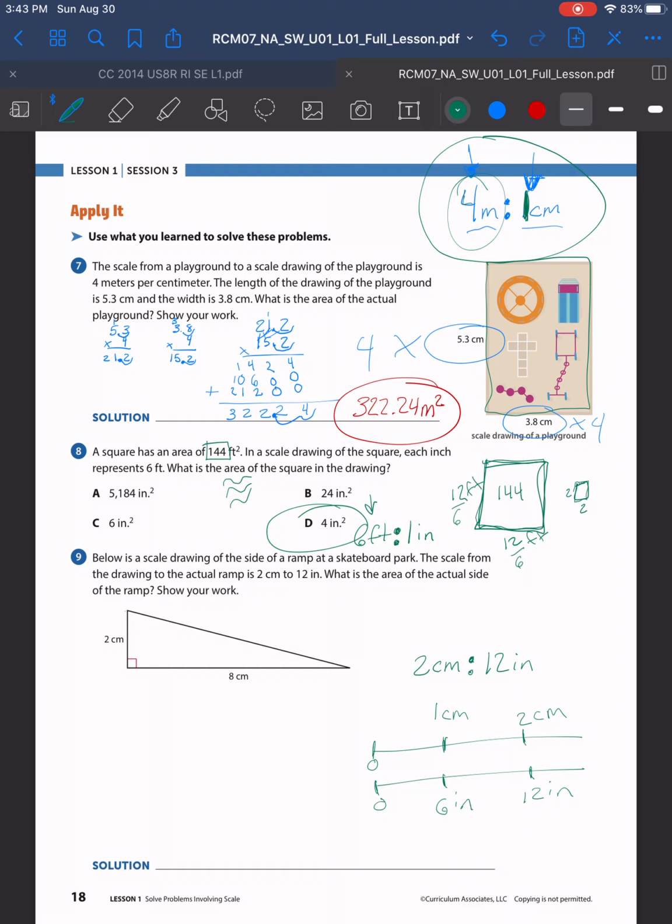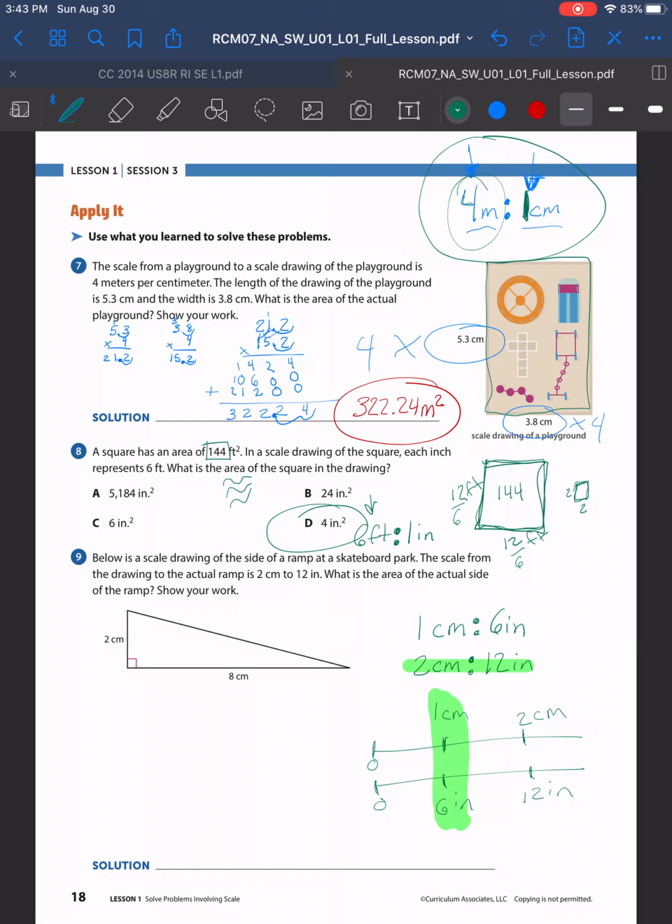So do you see what I just did? I took the scale they gave me and I found a unit rate. I'm going to rewrite it because now it's not 2 centimeters to 12 inches. Now it's 1 centimeter is to 6 inches.